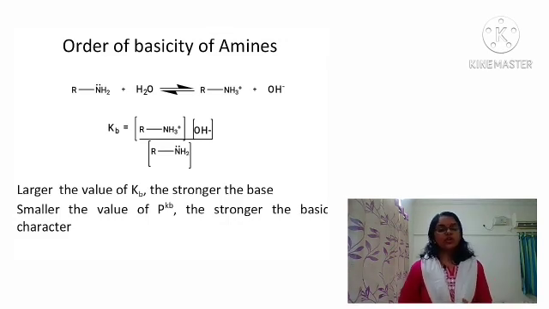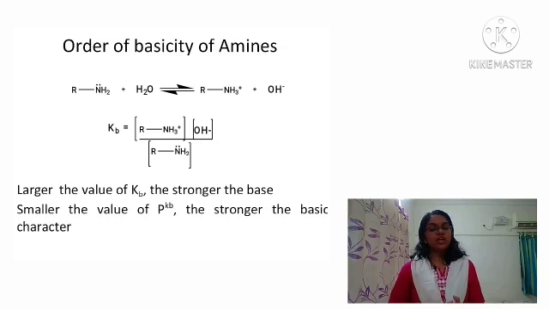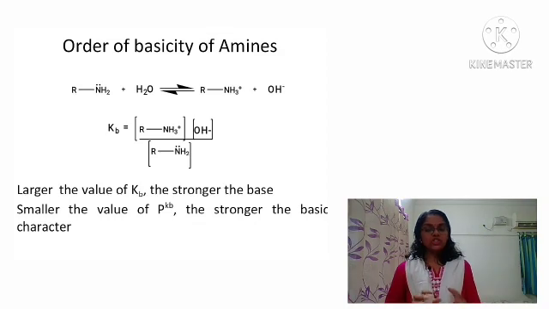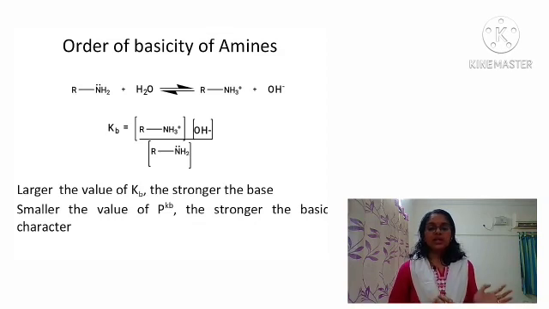If the tendency of formation of the alkyl ammonium hydroxide is high, its Kb value will be high. Similarly, if the product concentration is less, that is if the formation of positive charge on the nitrogen atom is less, its Kb value will be less. So the larger the Kb value, the larger the basic character.